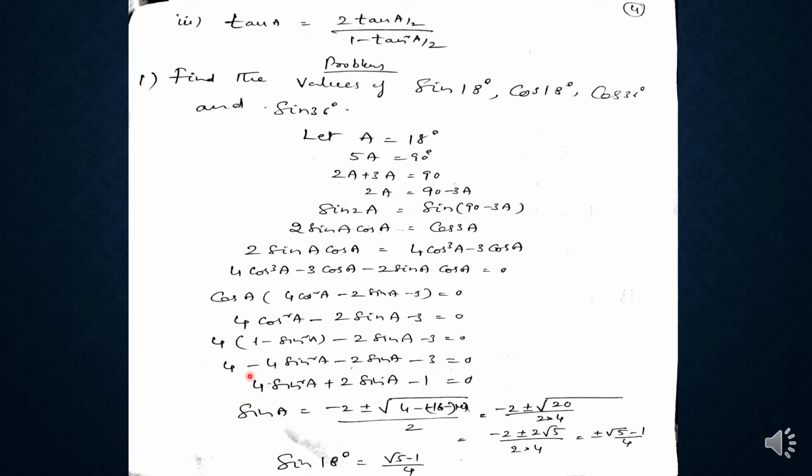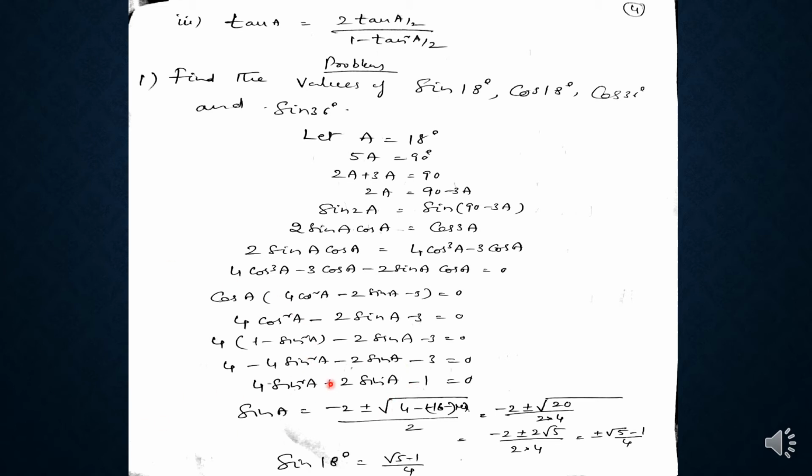That becomes minus 4 sin square a minus 2 sin a plus 4 minus 3, that becomes plus 1, is equal to 0. So by multiplying with minus throughout the equation, we will get 4 sin square a plus 2 sin a minus 1 is equal to 0.